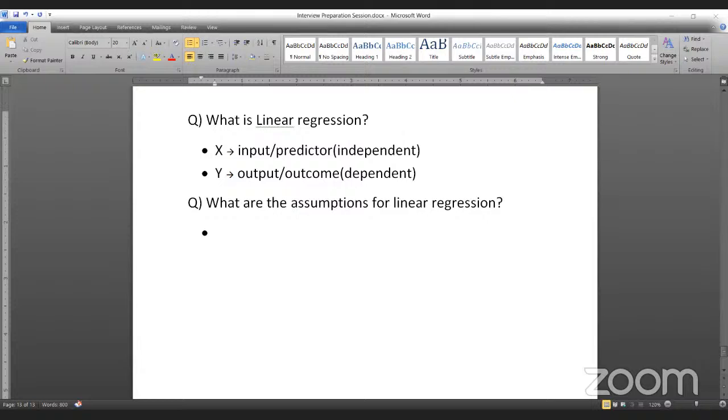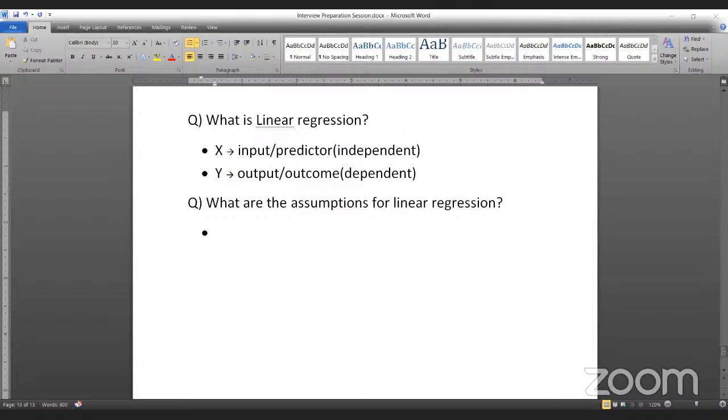So let me tell you the assumptions that are required for linear regression. First assumption is that there is a linear relationship between the dependent variable and the independent variable. Then, all independent variables, or predictor variables, are independent of each other, which we already discussed.